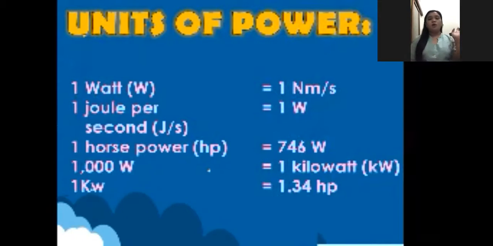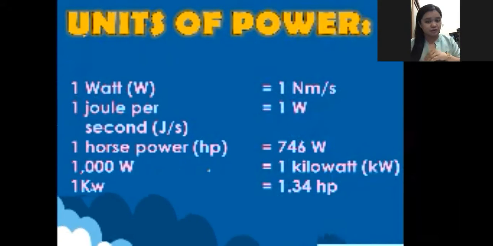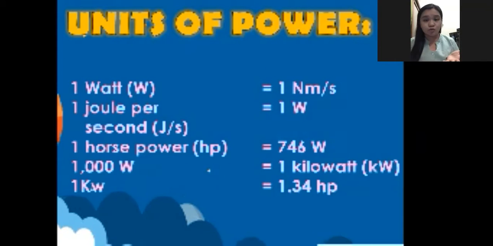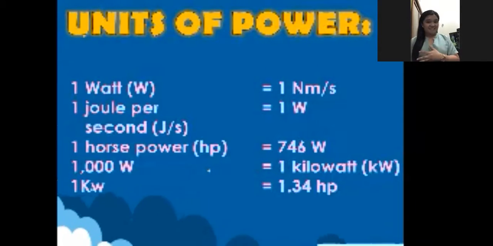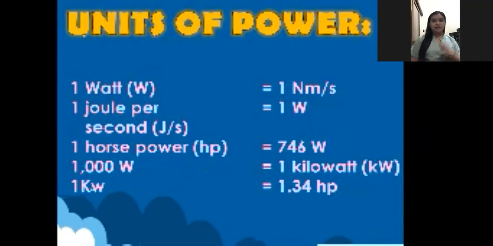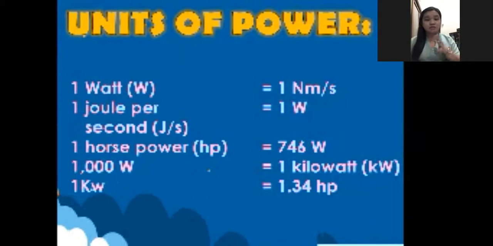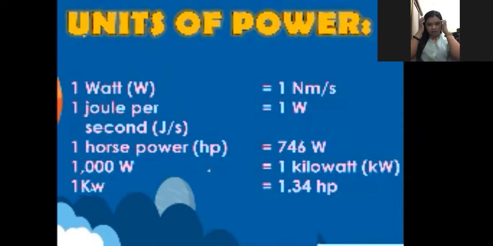Next, second one: 1 joule per second, J over s, is equal to 1 watt. Again, 1 joule per second is equal to 1 watt. Don't forget that. Just memorize it and put it in your mind.